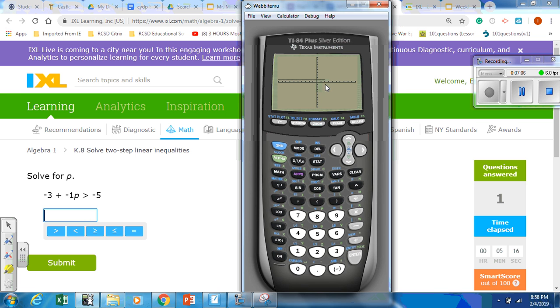Now let me state that differently. When x is less than 2, all of these values are positive, or true. When x is less than 3, that value is false. So all of my values that are less than 2 are true. All of my values that are 2 or more are false.